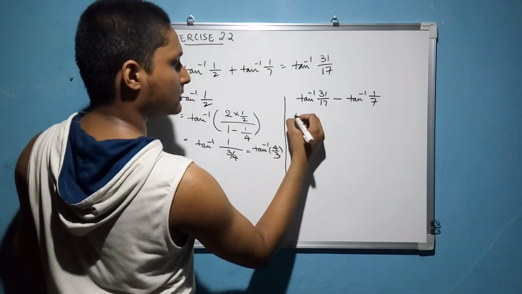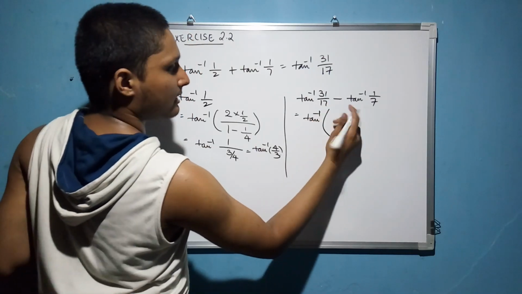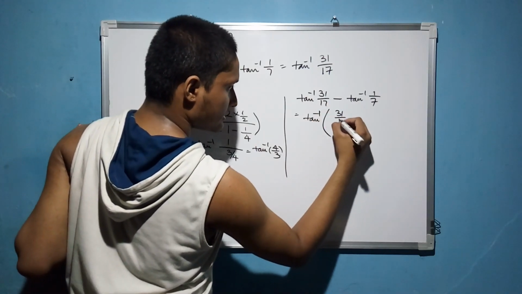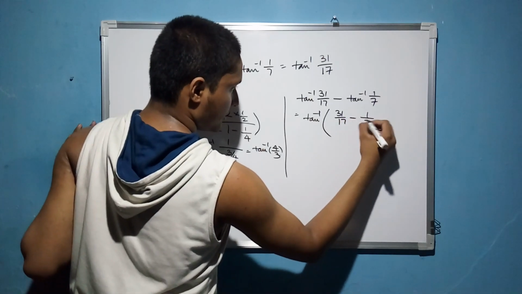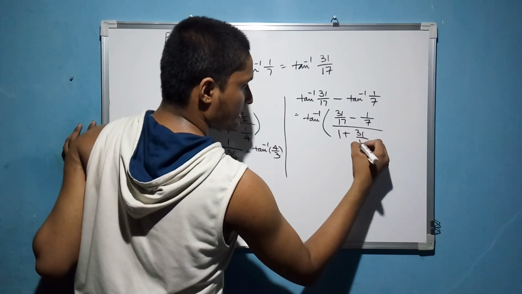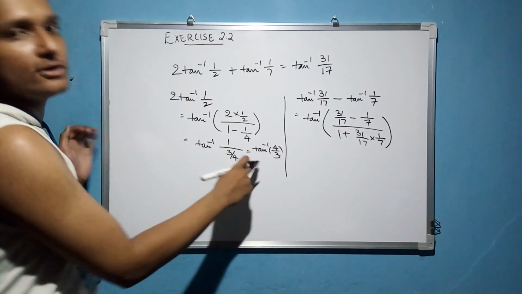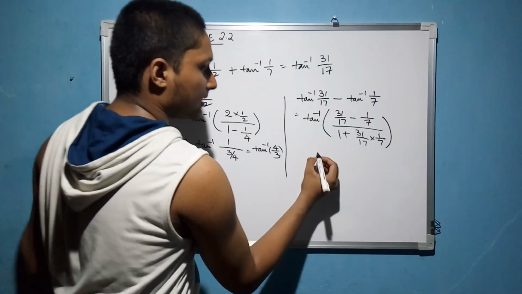Another part is I need to do this. So this is tan inverse of x minus y divided by 1 plus x y, that is 31 by 17 minus 1 by 7 divided by 1 plus 31 by 17 into 1 by 7. At last I need to get this, but we'll simplify.